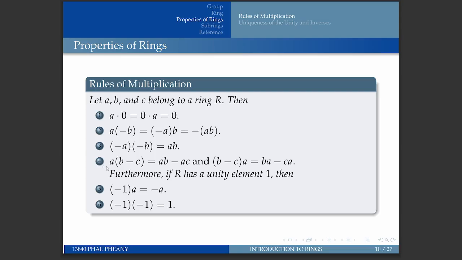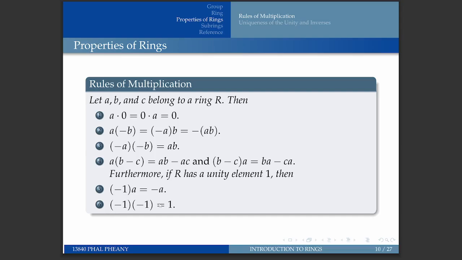And the fourth property is a times (b minus c), by using the distributive property, we get a times b minus a times c, and (b minus c) times a equals b times a minus c times a. Furthermore, if ring R has a unity element 1, then property 5 says minus 1 times a equals minus a, and minus 1 times minus 1 equals 1.